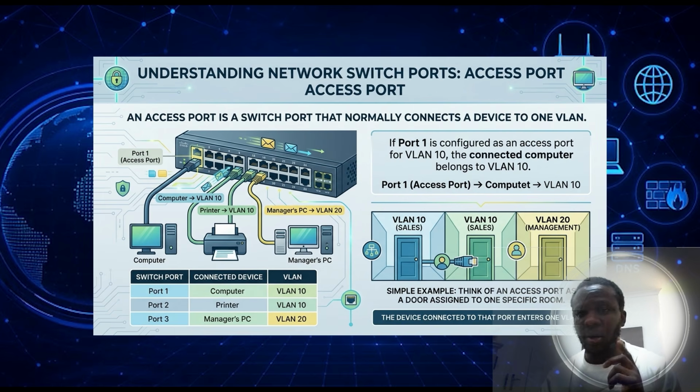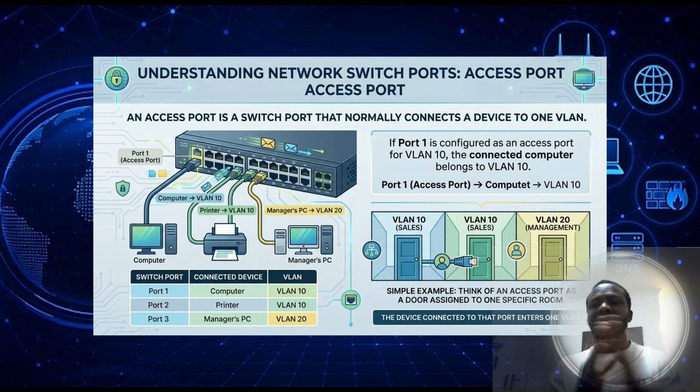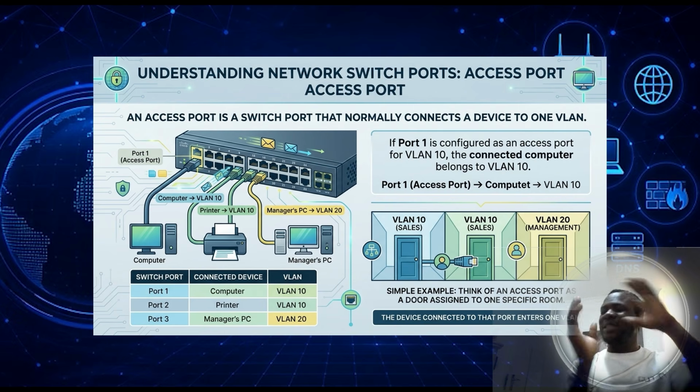Let me give you an example. VLAN 10 belongs to sales, and VLAN 20 belongs to management. Each and every port grouped to that VLAN is what makes you a member of that VLAN. Let's say port 1 is configured as an access port for VLAN 10. The connected computer belongs to VLAN 10 automatically.